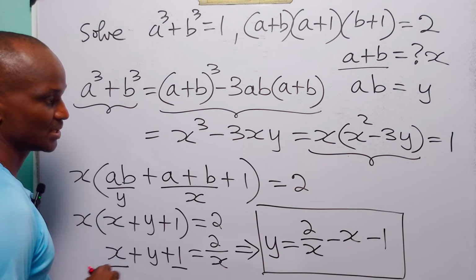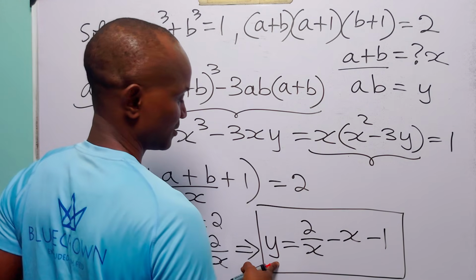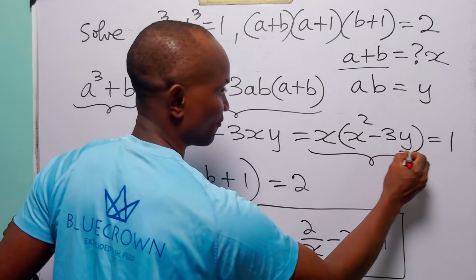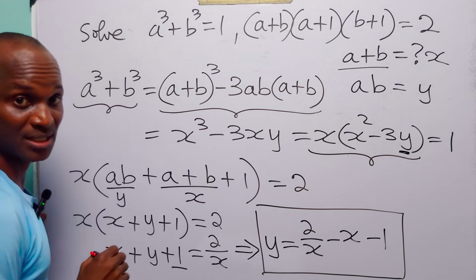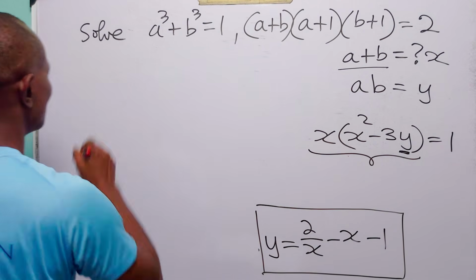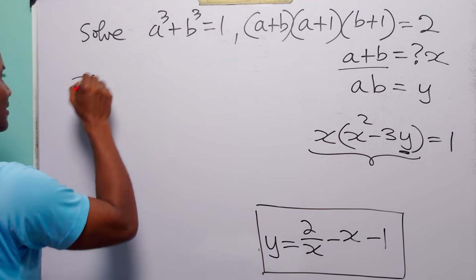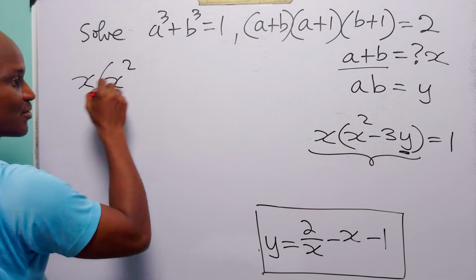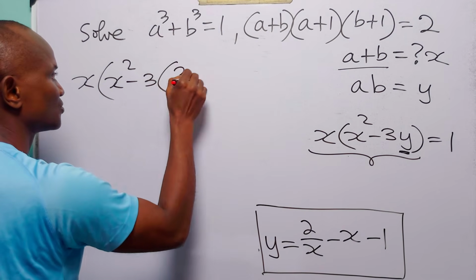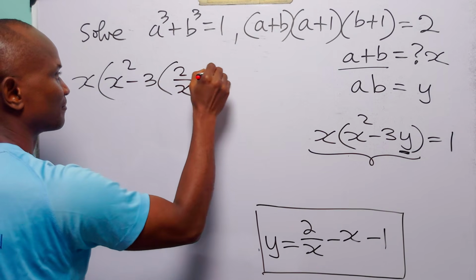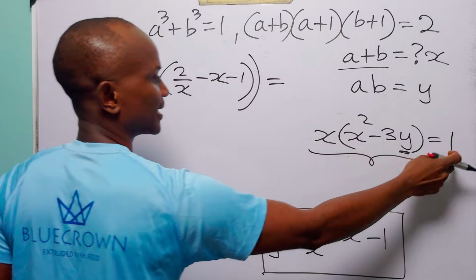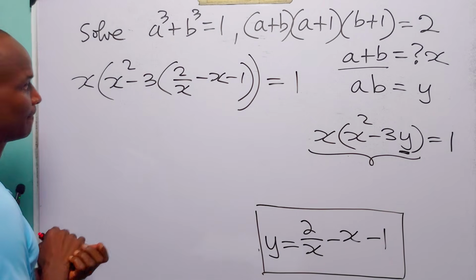Now, we will substitute 2 over x minus x minus 1 for y in this first equation. Substituting for y in this equation, we have x times x squared minus 3 times 2 over x minus x minus 1 is equal to 1.